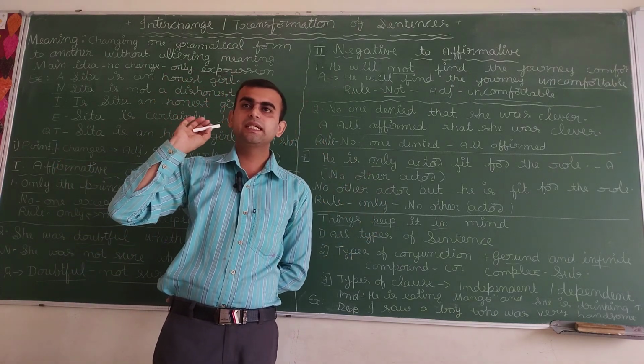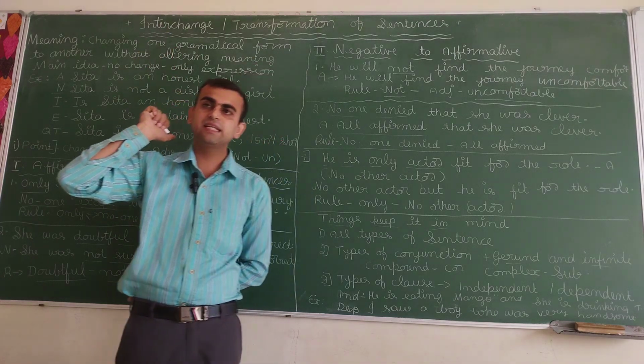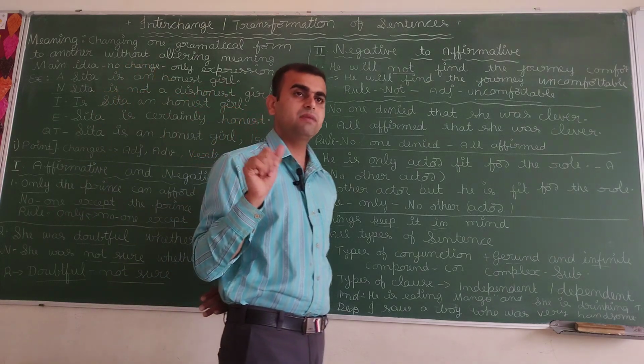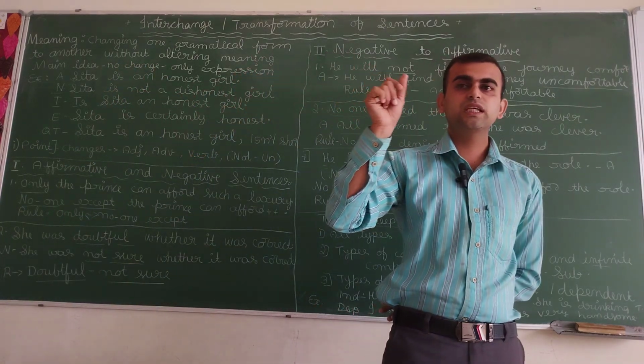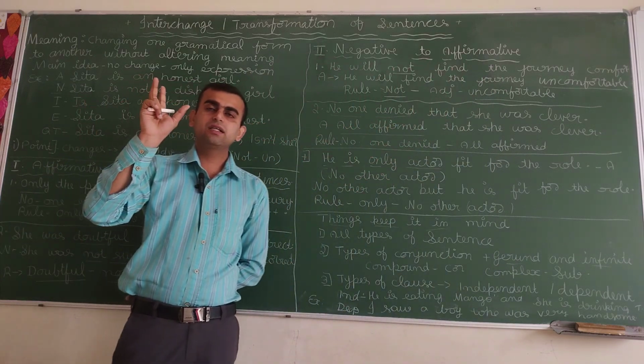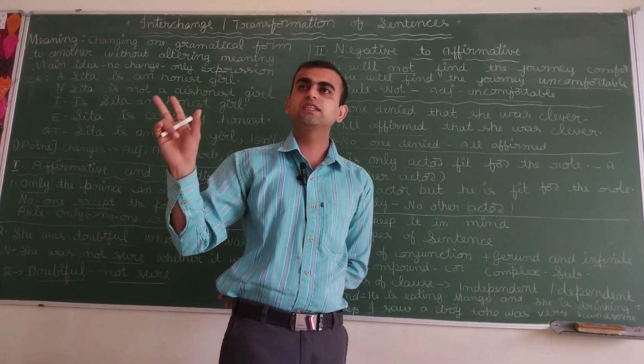In interchange of sentences there come affirmative sentences, which are also called declarative sentences, then interrogative sentences. In interrogative sentences there come wh questions, yes/no questions, as well as question tags. Question tag means what? A question tag is a statement which is made with two parts. The first one is a statement, the second one is a short question.